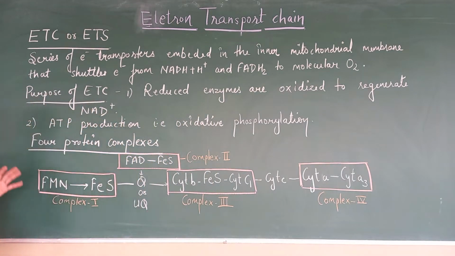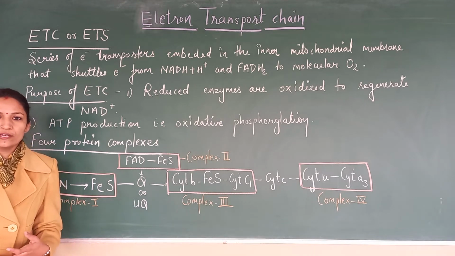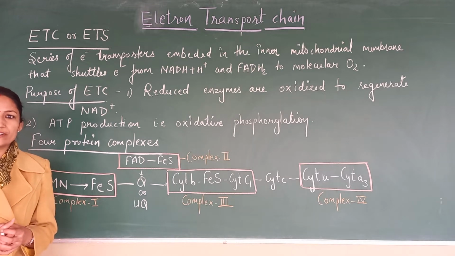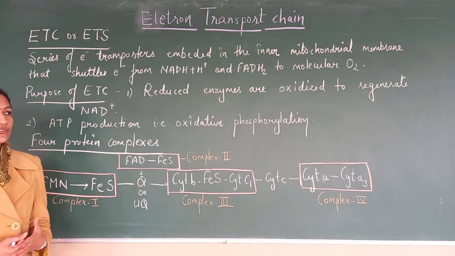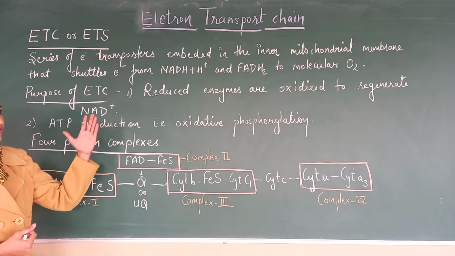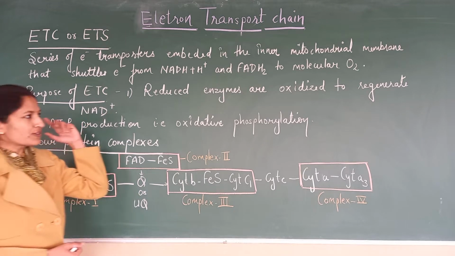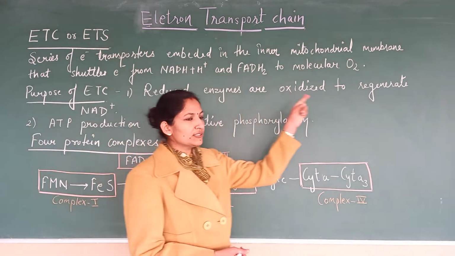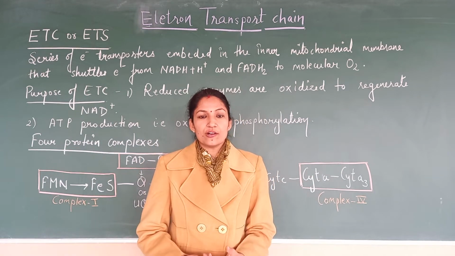ETC stands for electron transport chain, ETS, electron transport system. So this contains the transporters, the electron carriers, which are going to take the electrons from the reduced coenzymes, and then they are going to be transported to different components of this ETC. Ultimately, they are going to give those electrons to the molecular oxygen. Which oxygen?